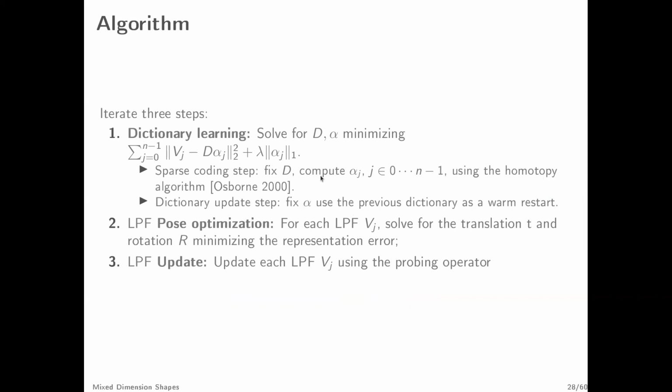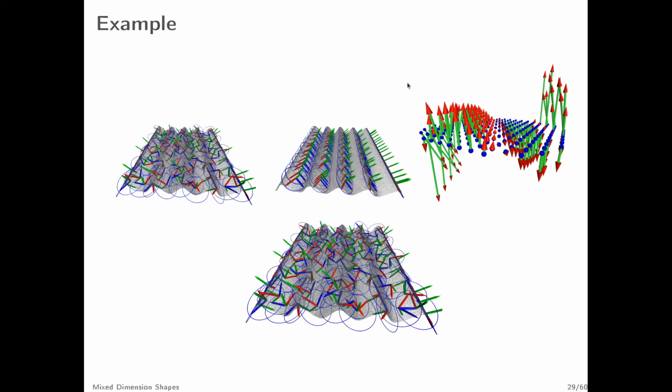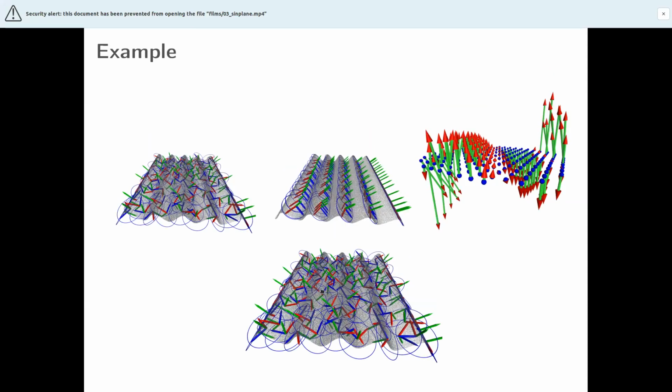Both first steps make the energy decrease, so that's fair. The third one can make the energy increase a little, but in practice overall it still decreases. So you have a nice energy minimization in general. Let me show you a small example.